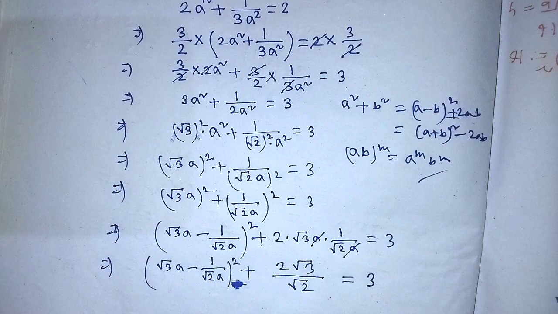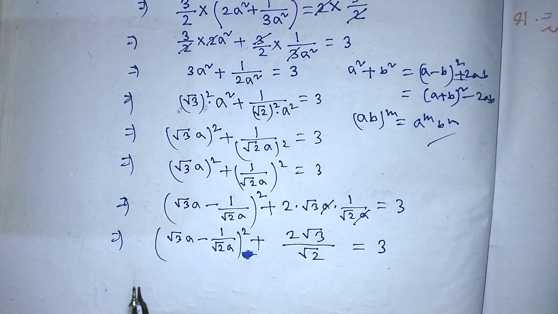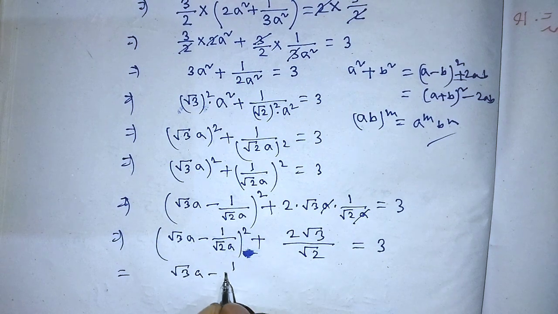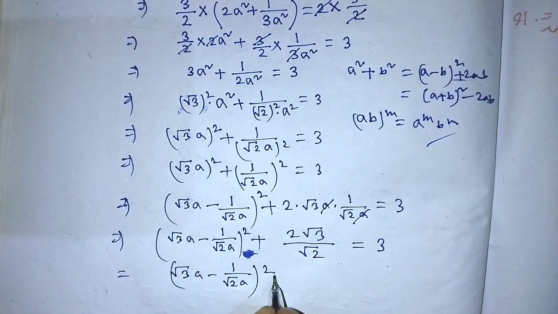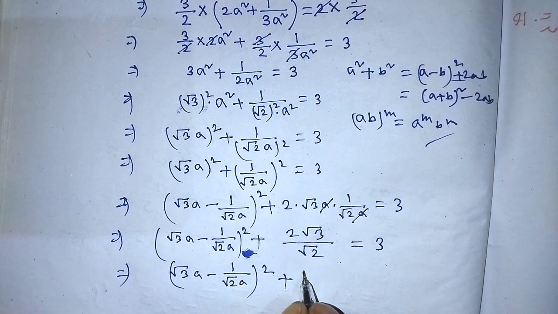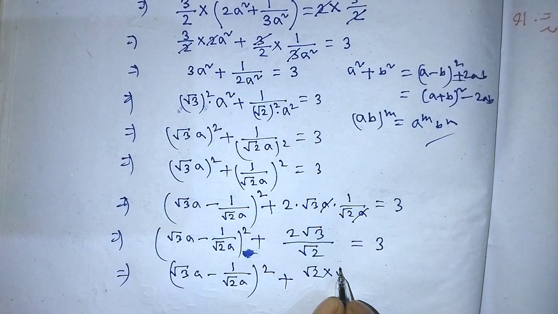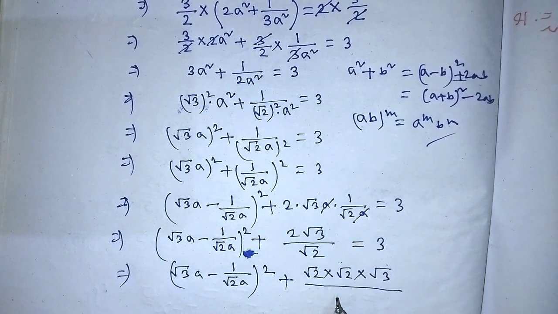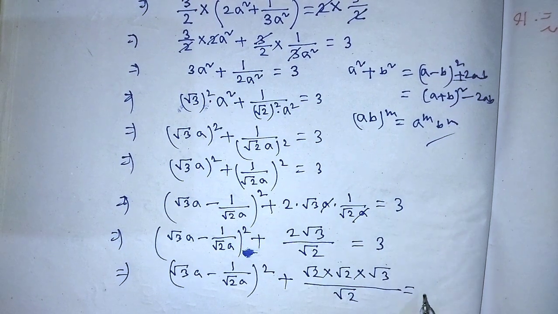So now again we write (√3a − 1/(√2a))² plus, in place of 2 we write √2 into √2, into √3/√2, is equal to 3.